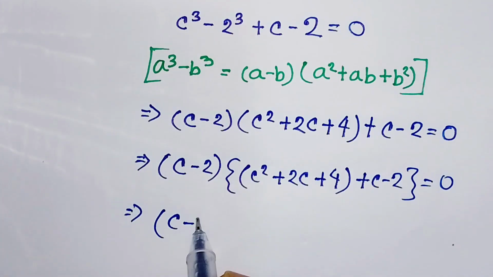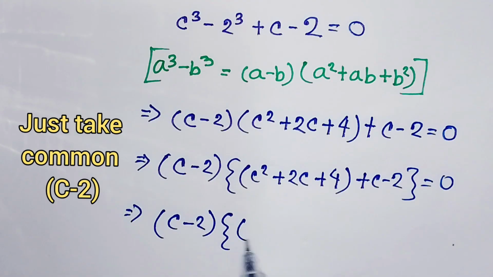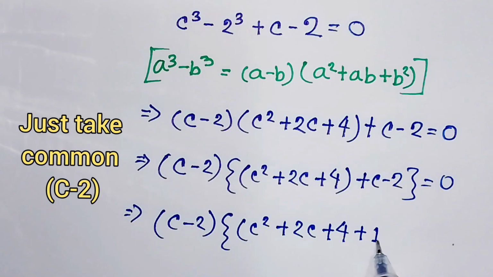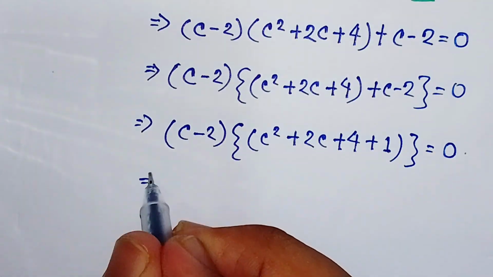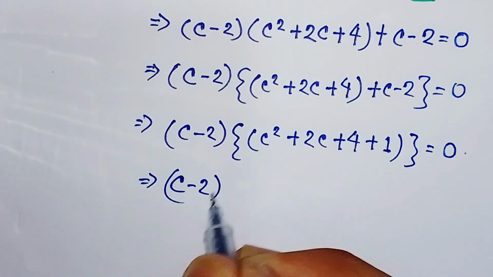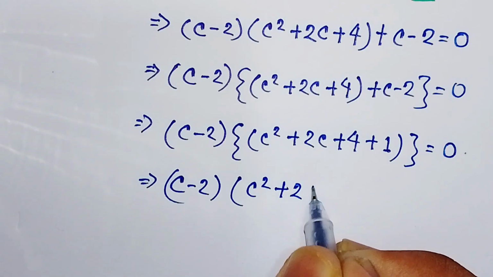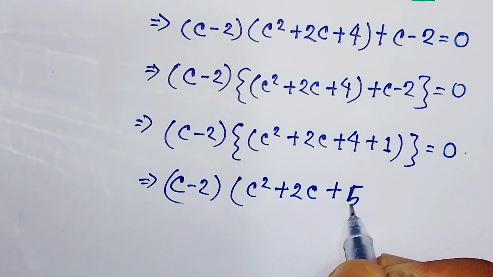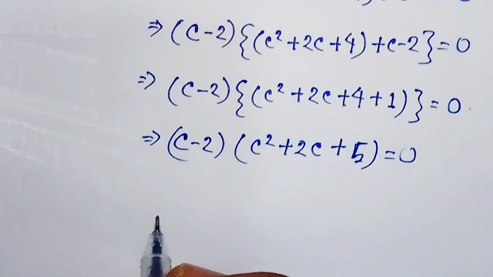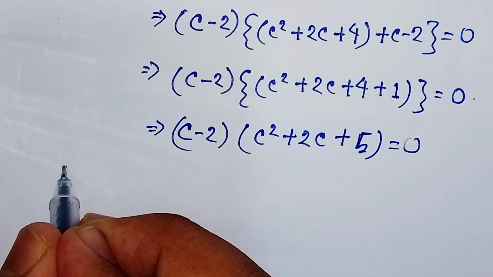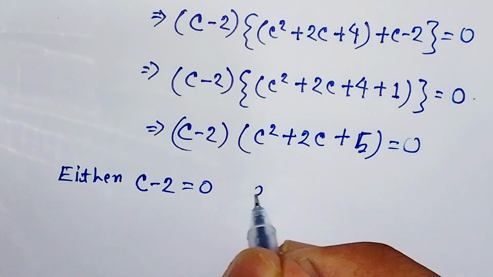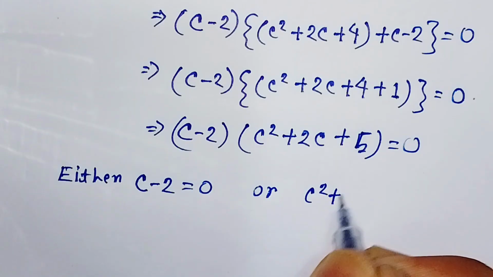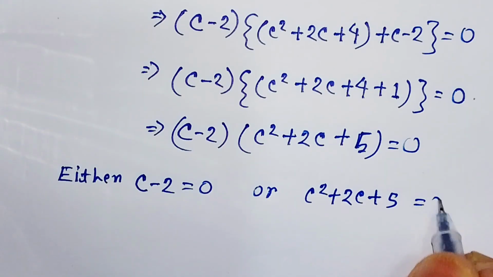Then it will look like c minus 2 times c squared plus 2c plus 4 plus 1 equals 0. Then we write c minus 2 times c squared plus 2c plus 5 equals 0. So either c minus 2 equals 0 or c squared plus 2c plus 5 equals 0.